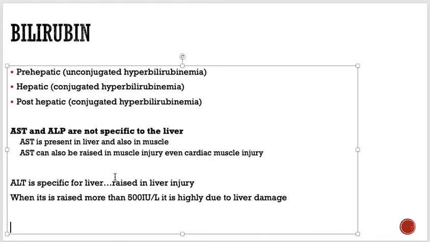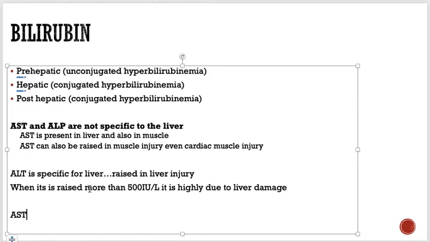Some of the lab reports also give us the ratio of AST with ALT. What makes this ratio important is simply that whenever the liver damage is due to alcohol, AST is raised more than ALT.